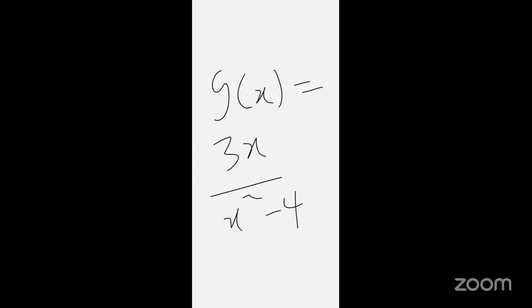For example, if we put 1, we are going to get 3 over 1 minus 4, that's minus 1. We are going to get a particular answer.